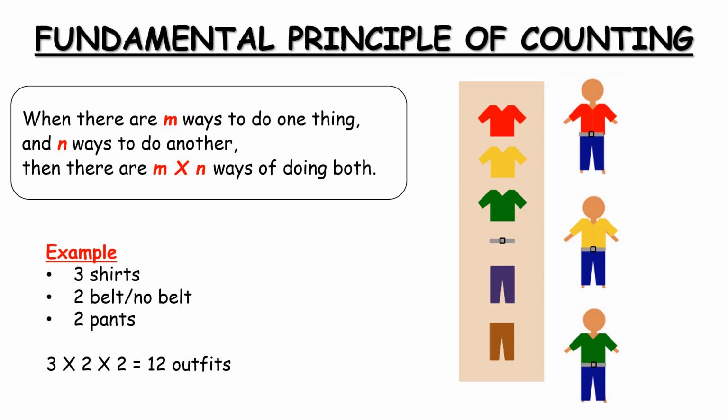So think of it like this. I have 3 shirts and 2 belt options and 2 pants options. So that and will be multiplication. And that's really what the fundamental principle of counting is about.